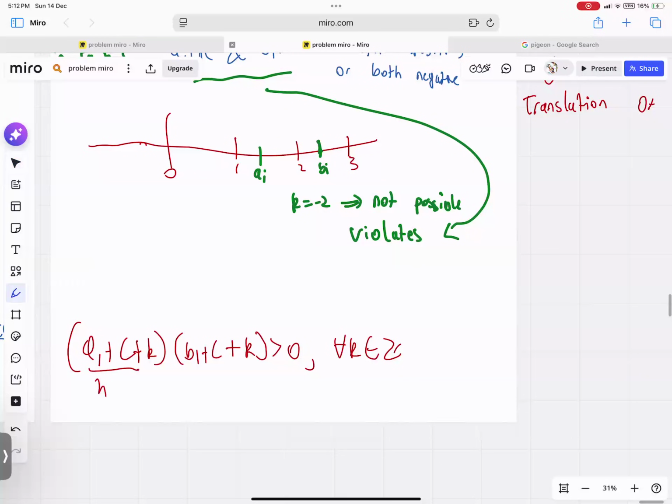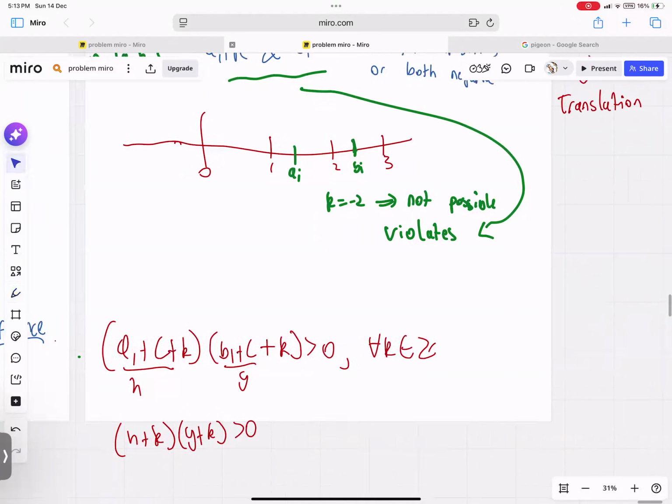So I'm putting this as x and this is y. So we have x plus k times y plus k is at least 0 for all integers k.